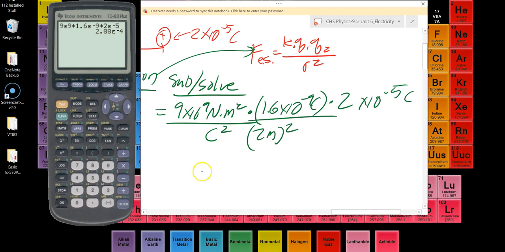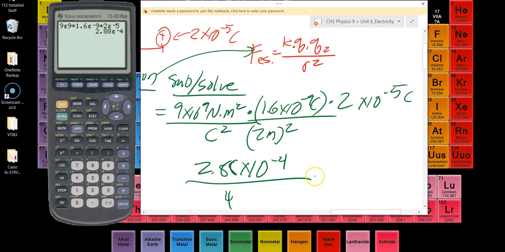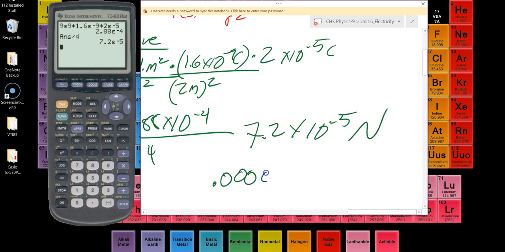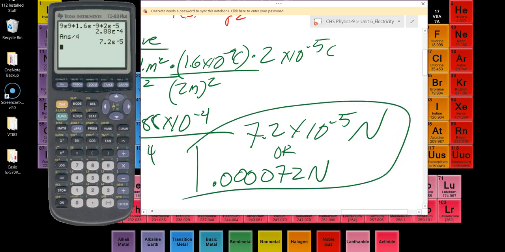On the top I get 2.88 times 10 to the negative 4, and you could have a decimal for that as well. And then I get 2 squared, which is 4. I'm going to take this number, divide it by 4, and end up with an answer of 7.2 times 10 to the negative 5 newtons, or 0.00072 newtons. Either one will be acceptable.